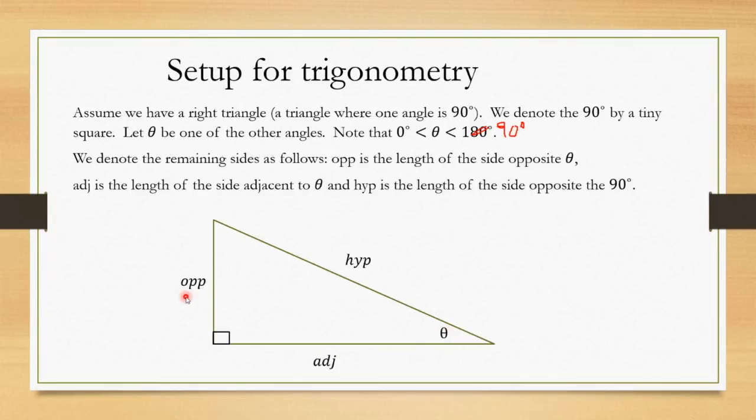This side here, OPP, is called the opposite side. OPP stands for the length of the side opposite theta. This ADJ is the side next to theta. It's the length of the side adjacent to theta.